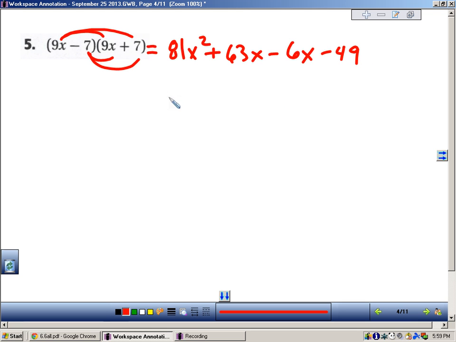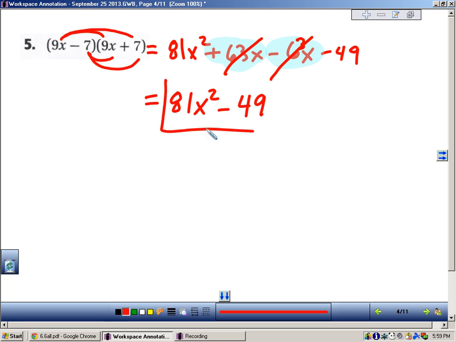You might see that your middle terms, positive 63x and minus 63x, cancel each other. And so your middle terms go away and you're left with your first and last term. And that would be your solution.